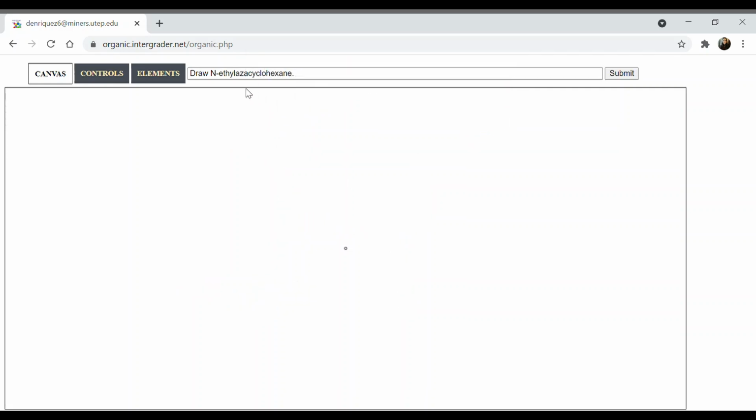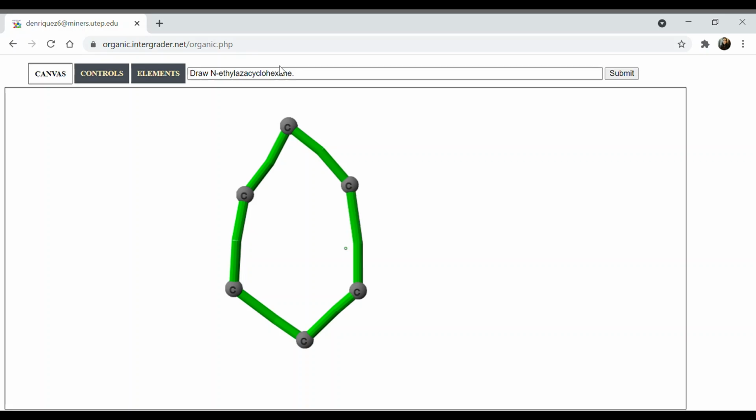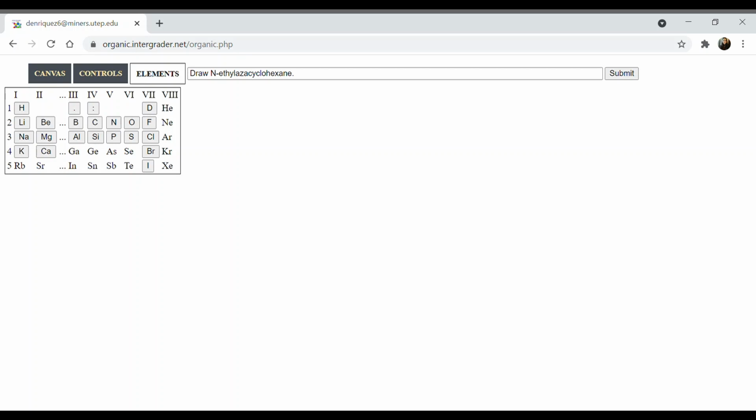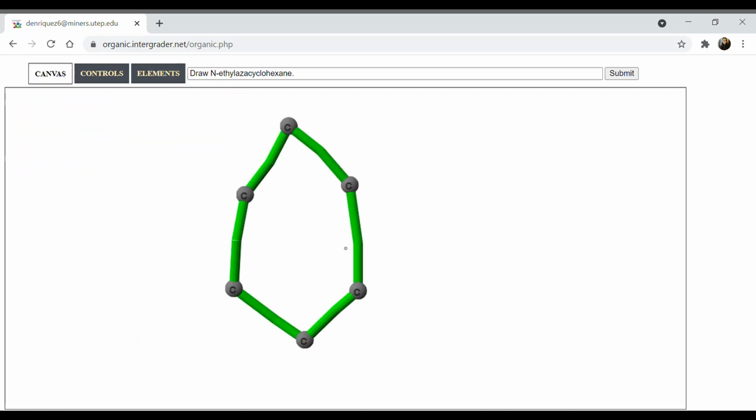Okay, I'm going to start by drawing my cyclohexane. So a 6-member ring. I'm done with this part. I see aza, so I'll go ahead and replace this carbon with the nitrogen. And then at that N position, I have an ethyl.